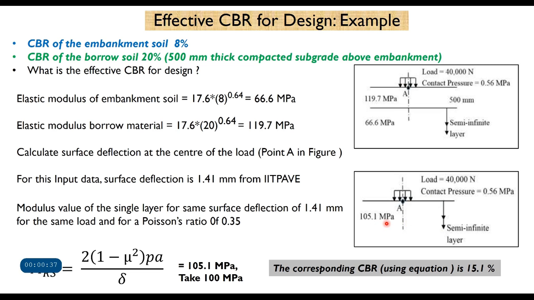Now since the code says that the maximum value of E can be only 100 MPa, you take 100 MPa in this equation and you find out what is the value of the CBR. So you take 100 MPa and put in this equation and calculate the value of CBR. CBR is 15.1%, and that is the design CBR.